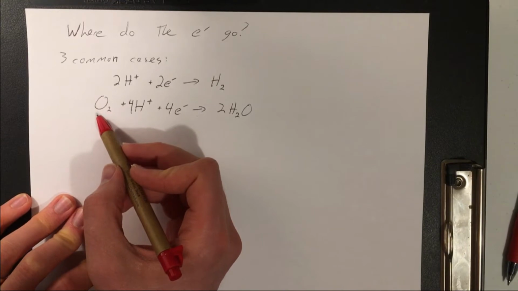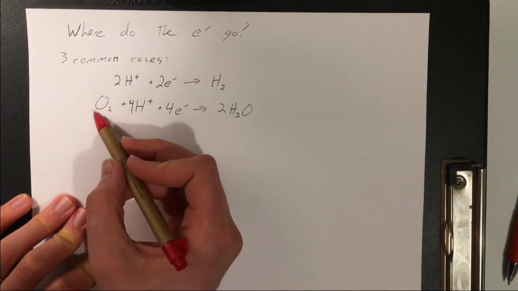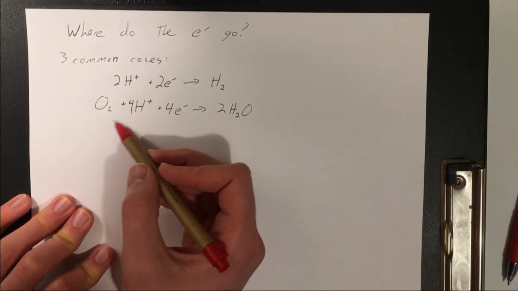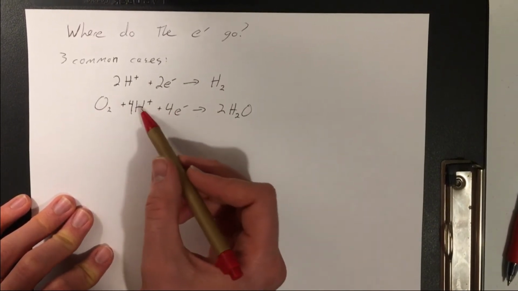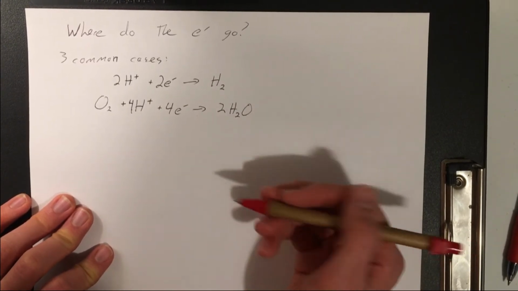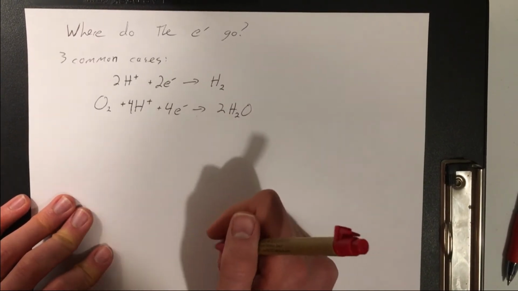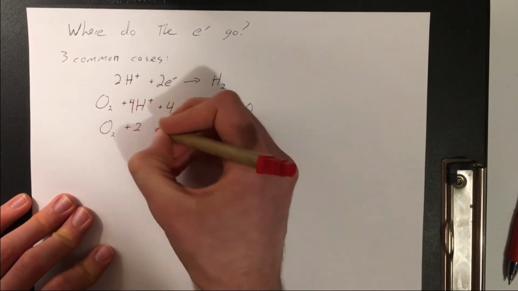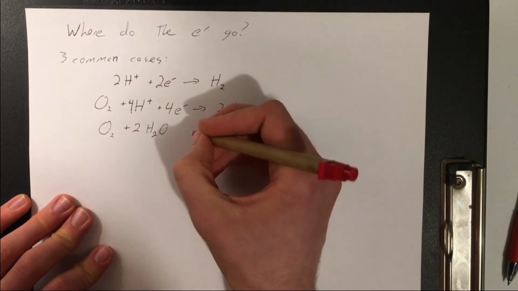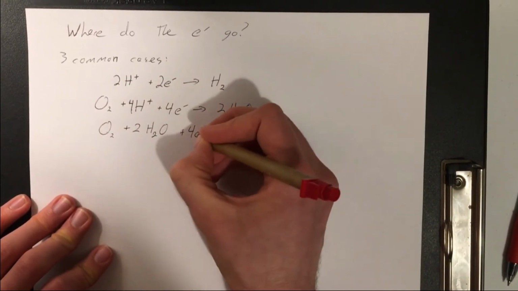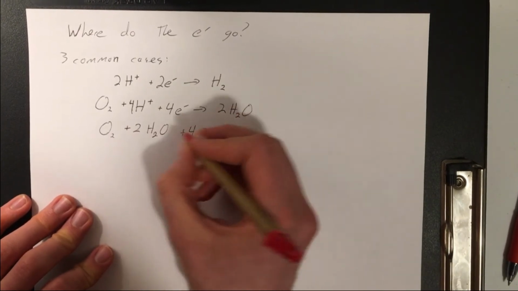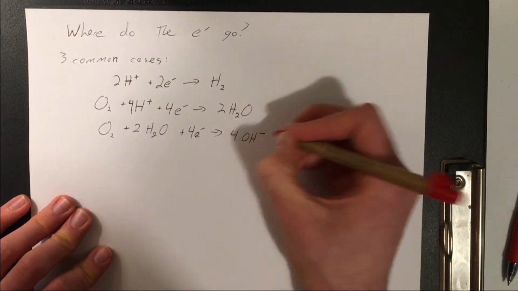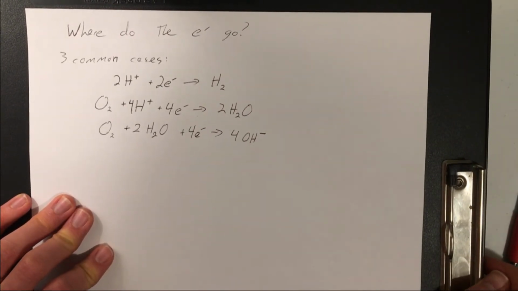So the electrons find some dissolved oxygen and some nearby hydronium ions, and they all combine and form just more water in solution. Another possibility is if you have some dissolved oxygen and some water and some electrons produced from the ionization of the metal, then all of these can combine together to form some hydroxide.